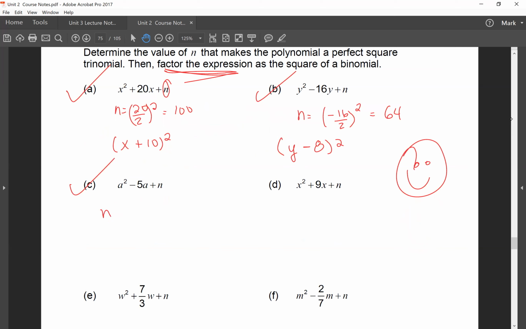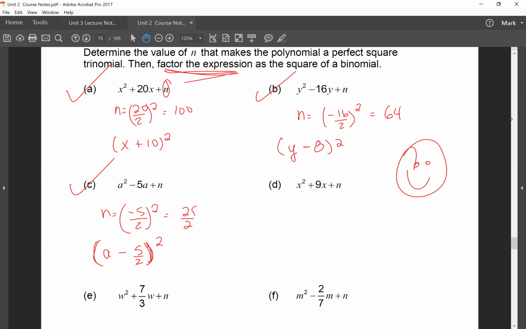So n would be negative 5 over 2, squared. So this would be 25 over 4. And my factored form would be a minus 5 over 2, squared, like this.